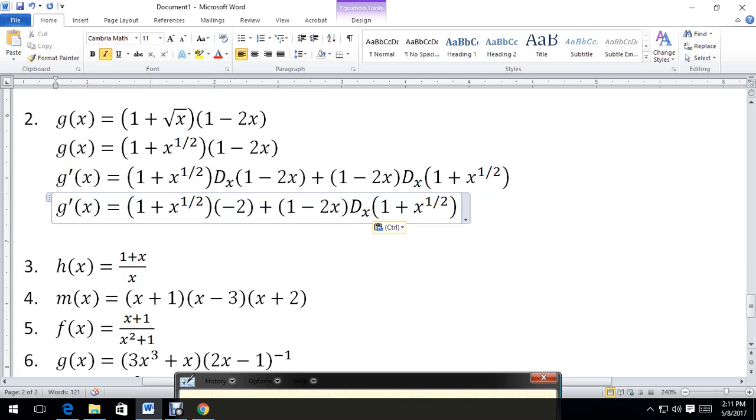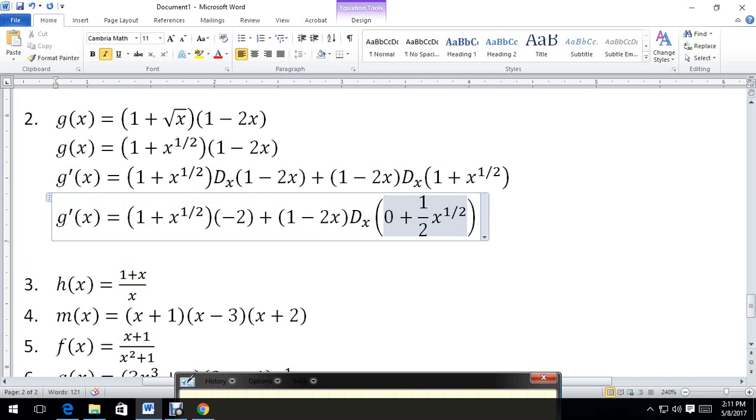Okay, so for this one, we have the derivative of 1 would be equal to 0, since 1 is a constant. And again, you have x raised to a non-zero exponent, so you have 1/2. So what we do with the non-zero exponent is that we bring that non-zero exponent beside our x, just like what you see here.